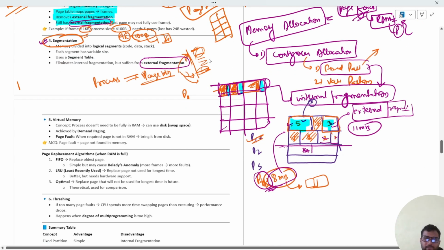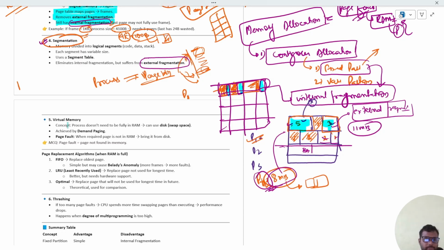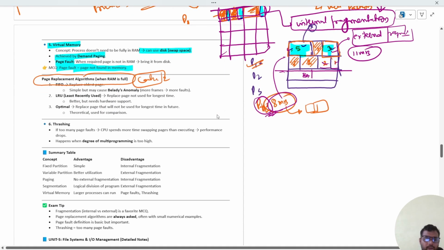So let us just quickly finish this. In virtual memory we have seen disk swap space, demand paging and page fault. Page fault means the page is not found in the memory. The page replacement algorithm we will better understand when we see cache. So leaving it for the time being.